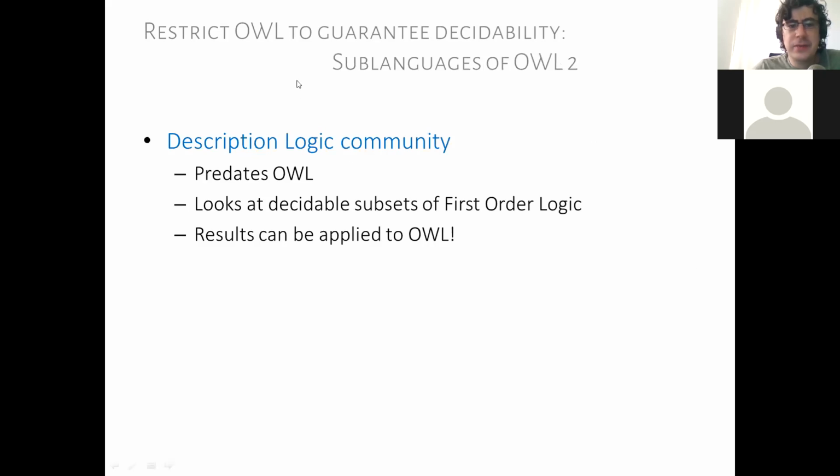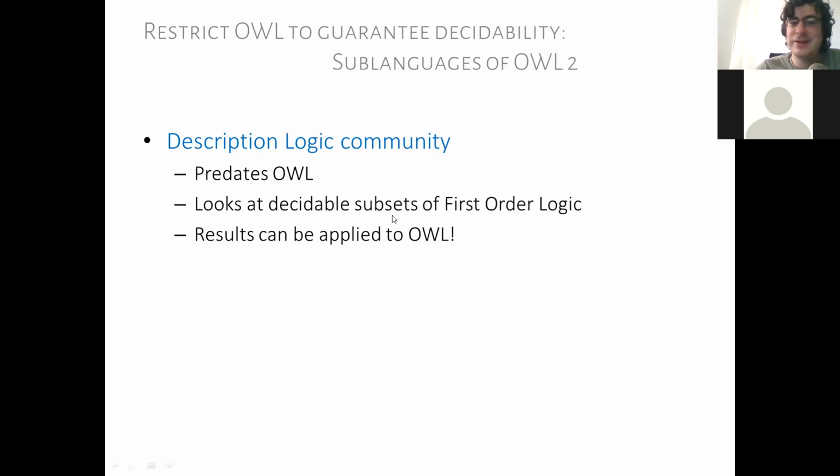So in general, what we have in OWL is there's been a lot of work from the description logic community, which has been very interested in decidability. It's a community that predates OWL. It existed before OWL existed and inspired a lot of what was defined in OWL.